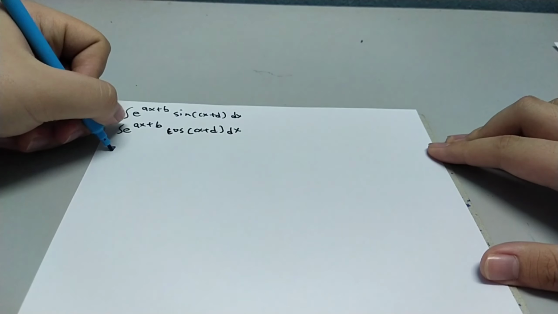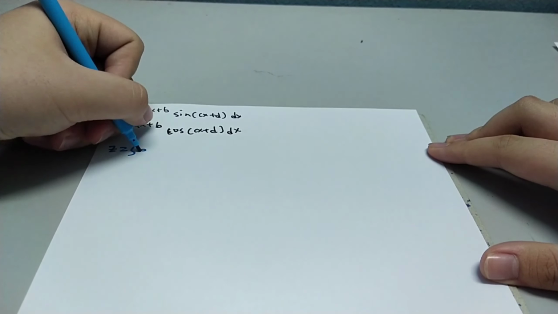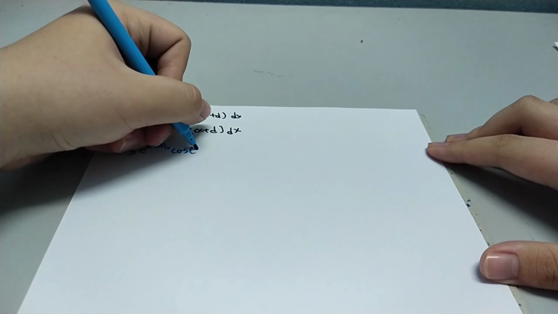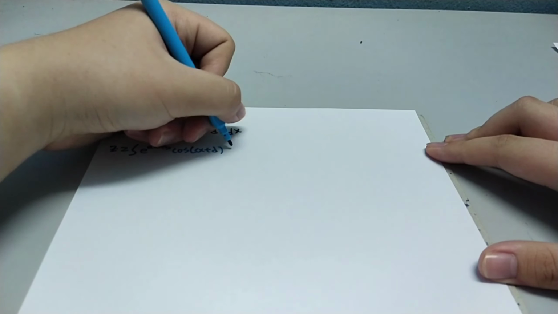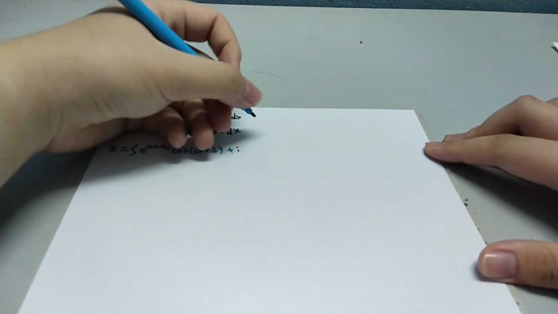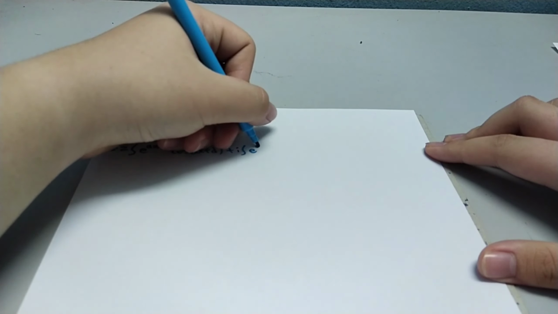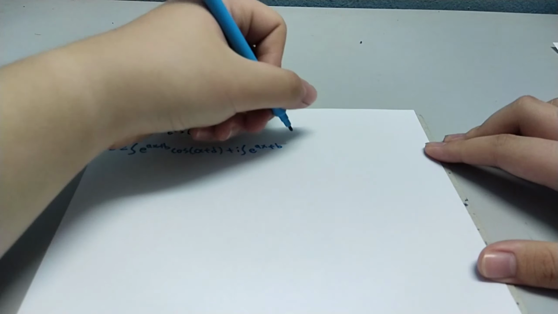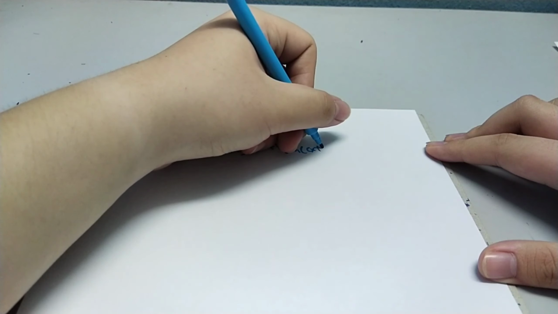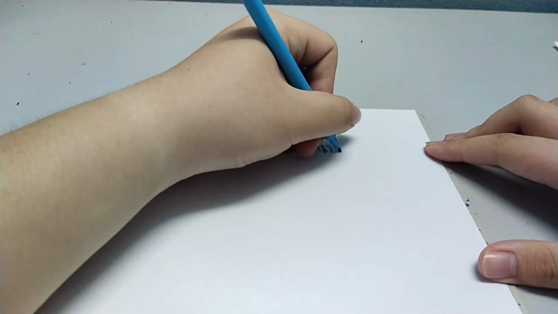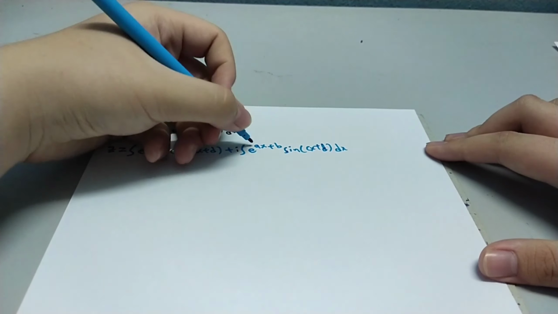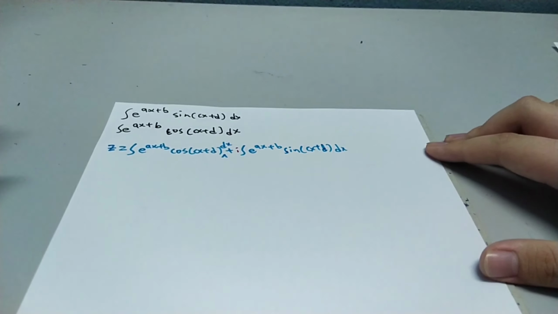So we let z equal the integral of e to the power of ax plus b times cosine of cx plus d, plus i times the integral of e to the power of ax plus b times sine of cx plus d. We can group these two integrals into a single integral, and sorry, I forgot the dx.